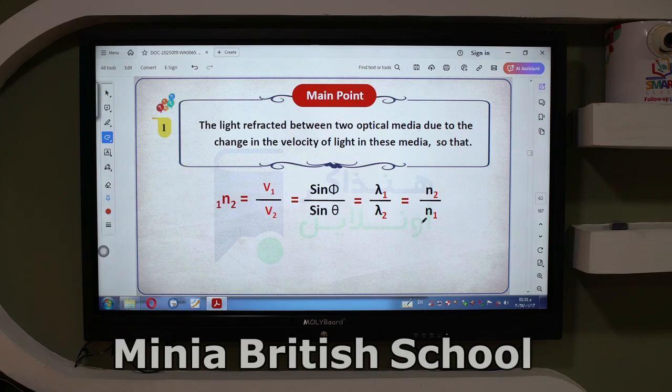So n from medium 1 to medium 2 equals n2 over n1.